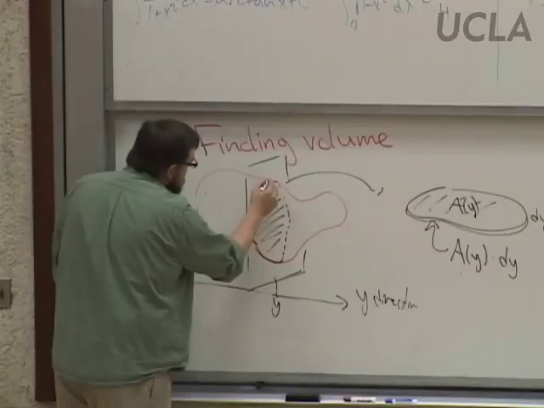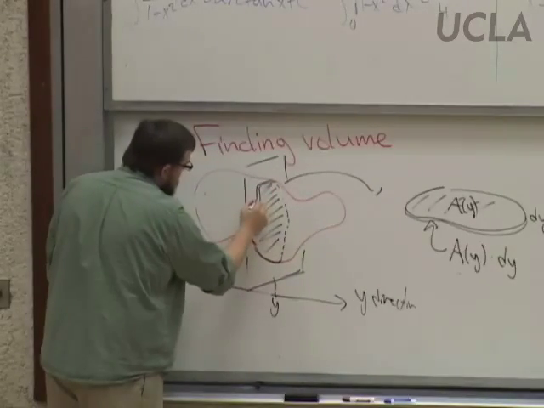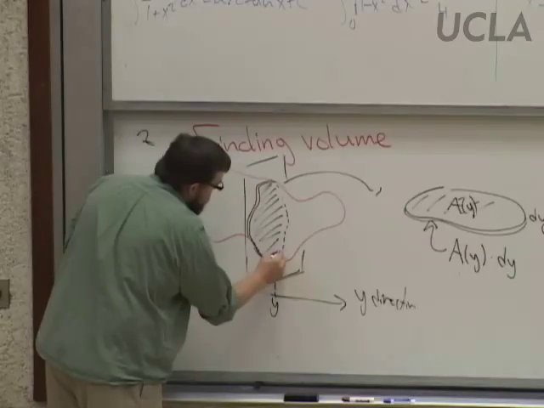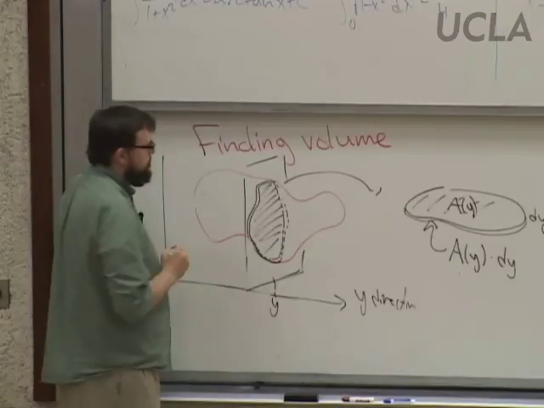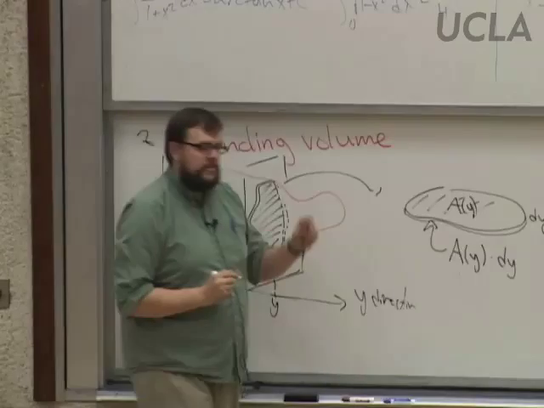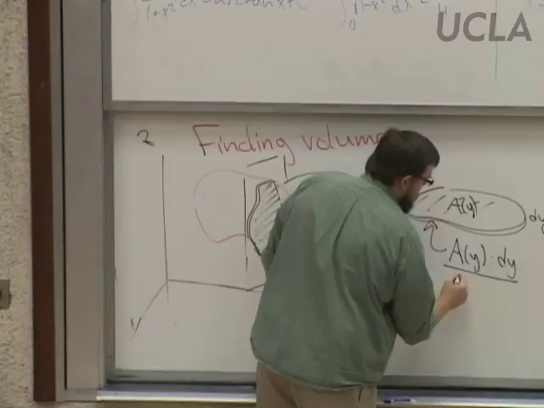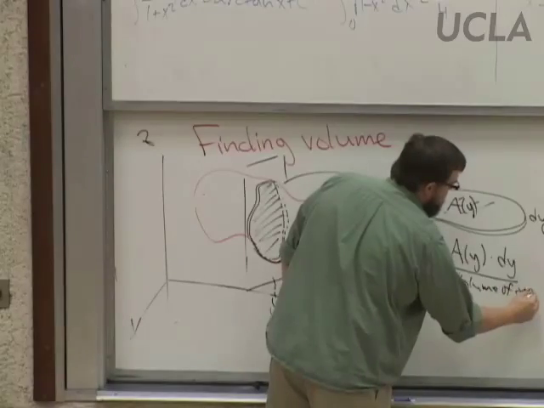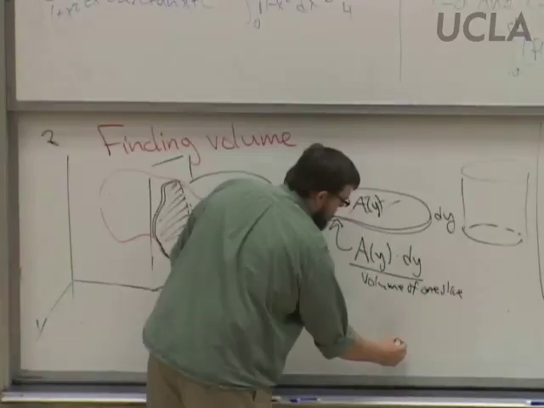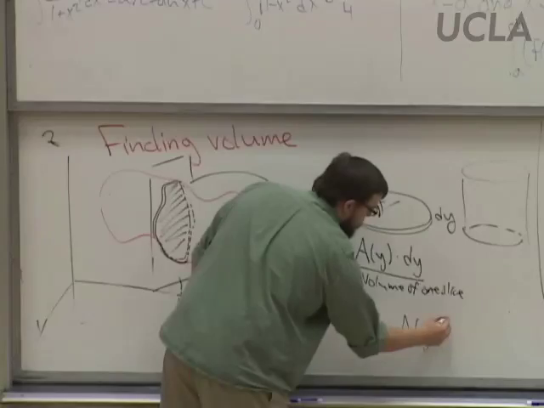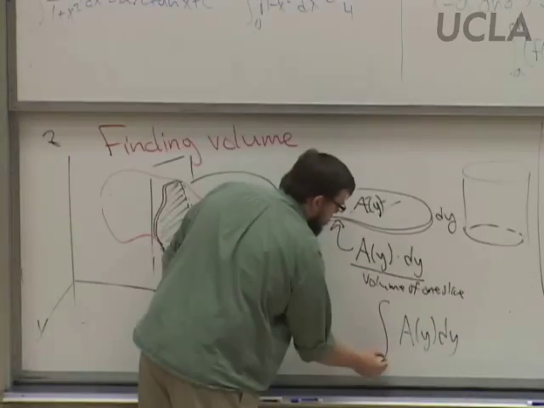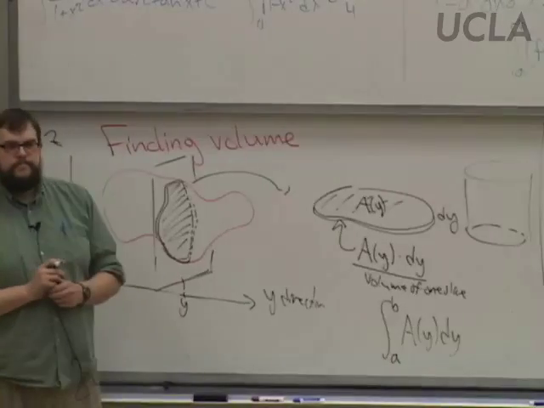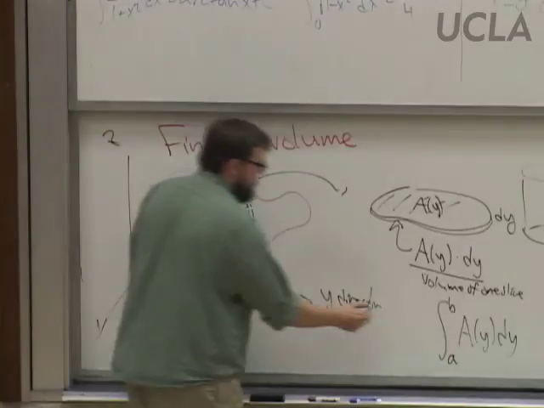Okay? So I really should say that this is a sort of thick slice I'm taking here. So I know the volume of one slice. Well, once I know the volume of one slice, how do I find the total volume? Very simple. I add up all the slices. So here's the volume.